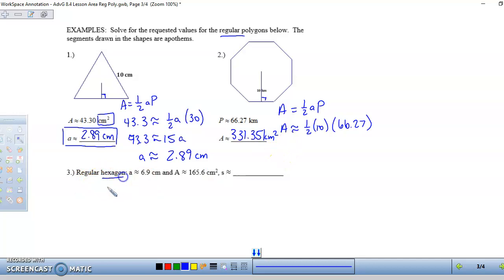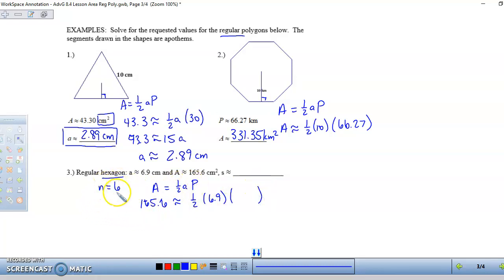Last one, we have a hexagon, so we know n equals 6. I would just write that right away. The area is given to you again, so I'm doing 1/2 AP. Area is 165.6. 1/2, the apothem is given to me as 6.9. Perimeter, well, this time I don't have the perimeter.